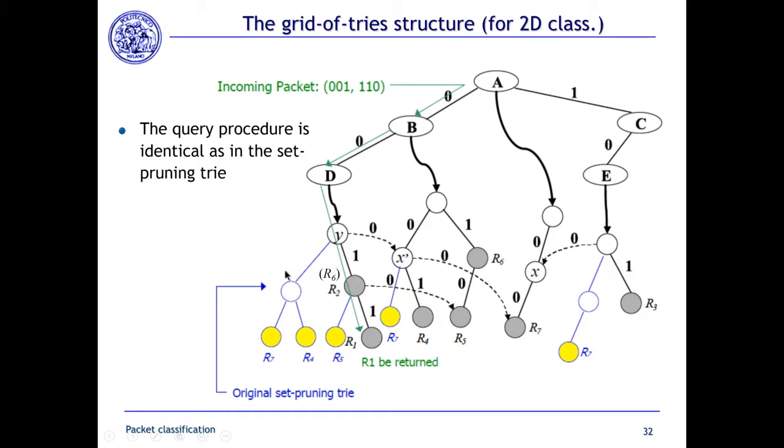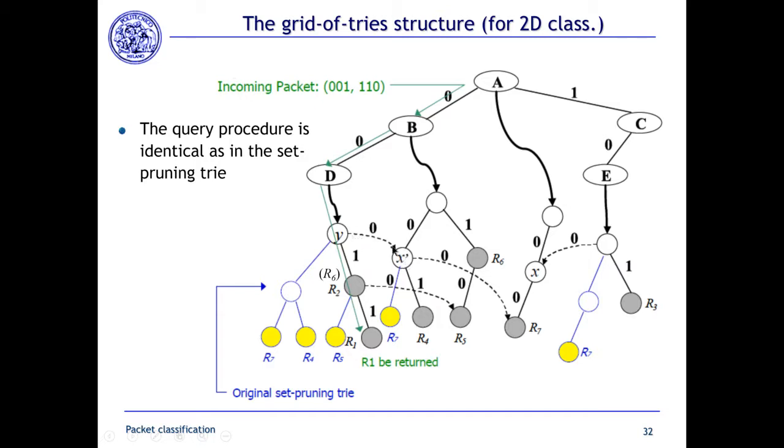In the set pruning trie, you keep in any case the logical architecture of the tree. So you always have a tree, because basically each node has a single input, so you can jump into a node from one input port, let's call it a logical port. This is not a tree anymore, because for example X prime has two different inputs.